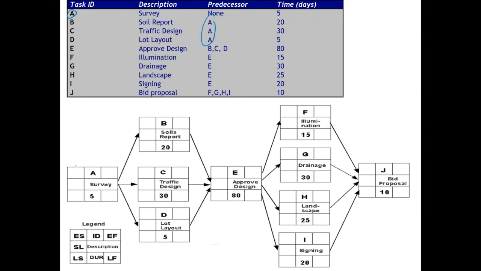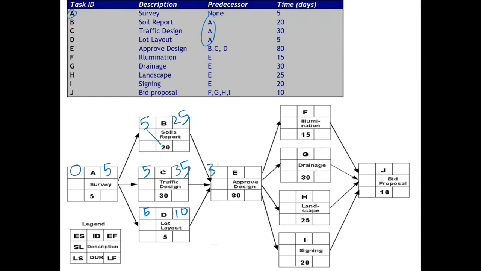Once you have done that, you could start doing your early start calculations, so 0 and 5, and then this 5 is moved to subsequent boxes, and then you add the time duration, which will give you early finish for B as 25. Then activity E is a merge activity. So we have got three options here.